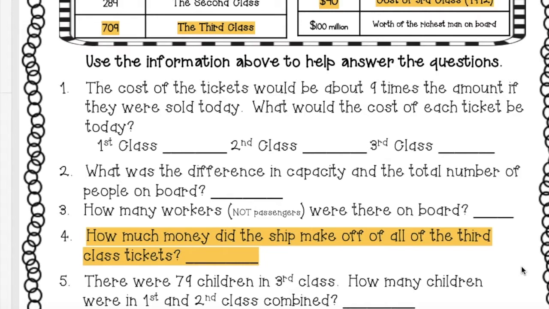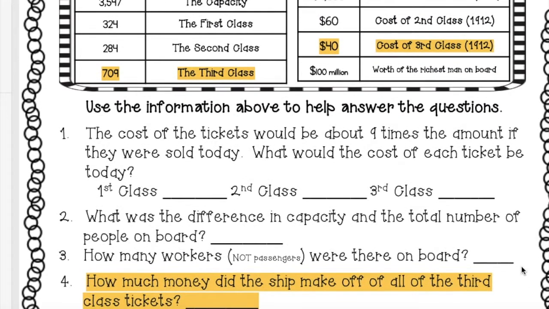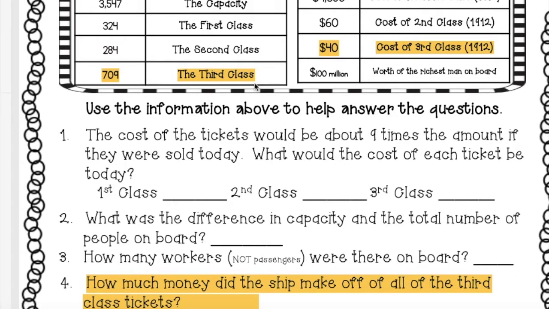Number 4. How much money did the ship make off of all of the third class tickets? So let's take a look at our data above. Now I highlighted already the third class passengers and how many there were. So there were 709 third class passengers on the Titanic. But now we also have to highlight how much each of those tickets cost. So each one of those people paid $40 for their ticket.